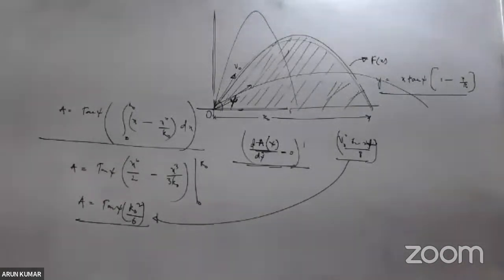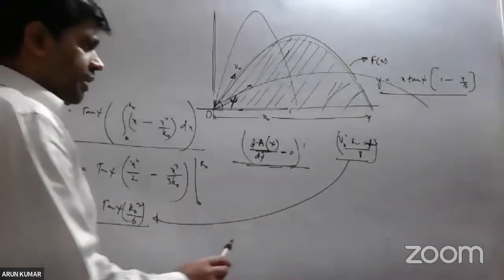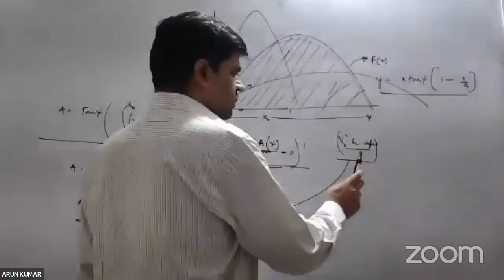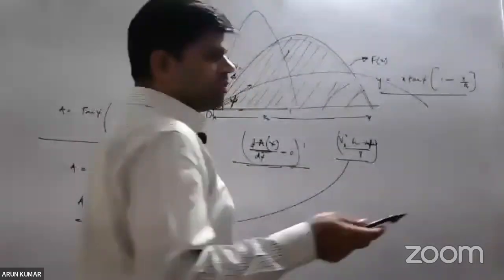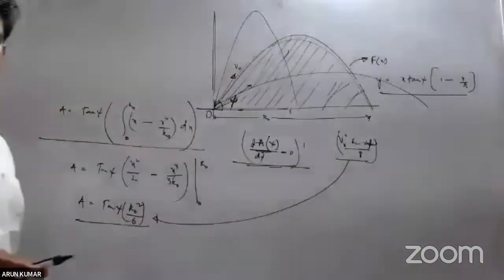So is it v naught raised to 4 into sine cube psi by 6g? And what happens to cos psi? You'll have cos psi as well, no? See, it is v naught square sine 2 psi by g. Sine 2 psi can be written as 2 sine psi cos psi. Yes, sir.